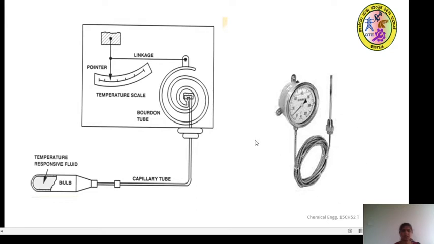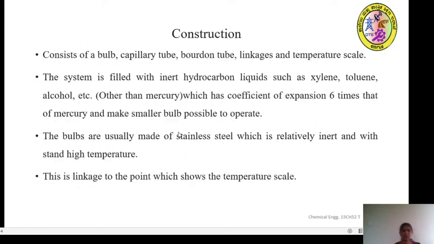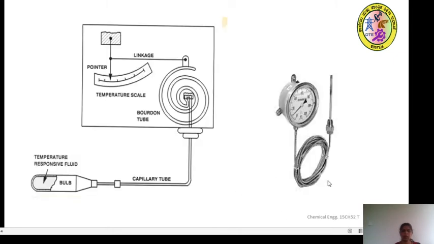Here you can observe the bulb with a temperature responsive liquid inside, then the Bourdon tube, then the pointer and the linkage mechanism.